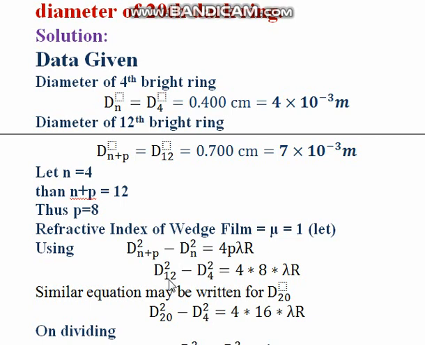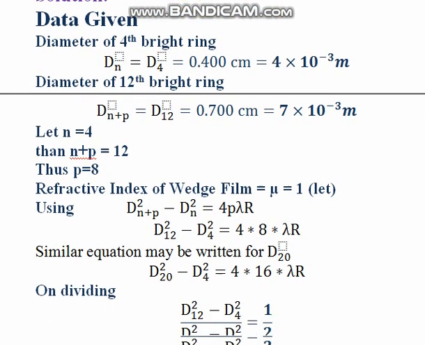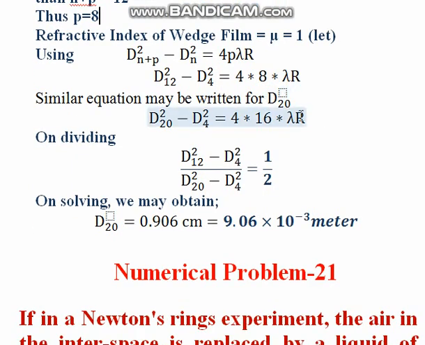So here you may write D12 square minus D4 square is equal to 4 multiplied by 8 multiplied by lambda R, that is 32 lambda R. Now a similar equation you may write for the D20 ring: D20 square minus D4 square is equal to 4 multiplied by 16 multiplied by lambda R. You may also use D12 here in place of D4, and accordingly the p value will change.